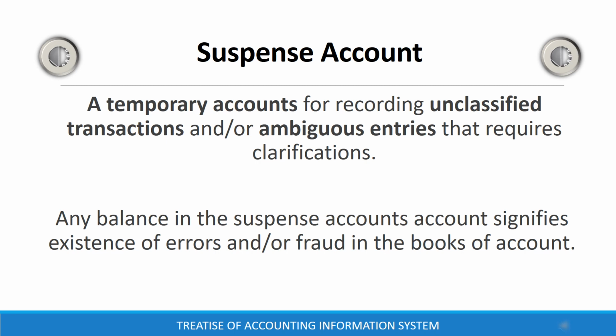In a trial balance, it is expected that the total debits will be equal to the total credits. However, in a manual accounting system, it may not be the case due to errors and fraud. Any variance in the trial balance will be posted in a suspense account. Thereafter, the suspense account will be reconciled to ensure that all errors are eliminated before the financial statements are prepared.